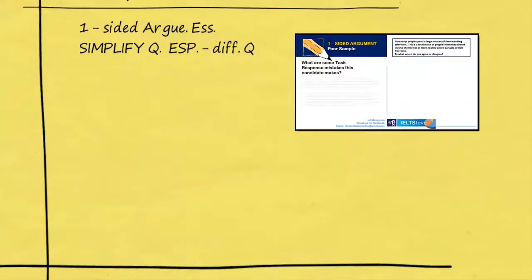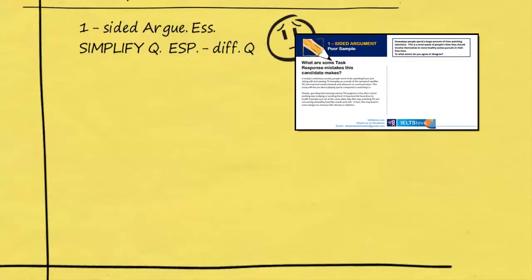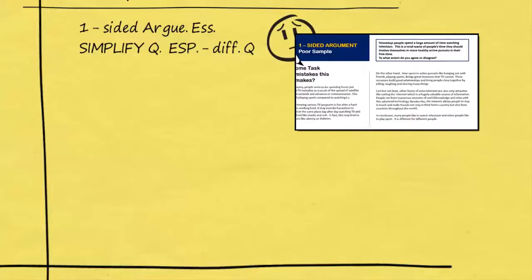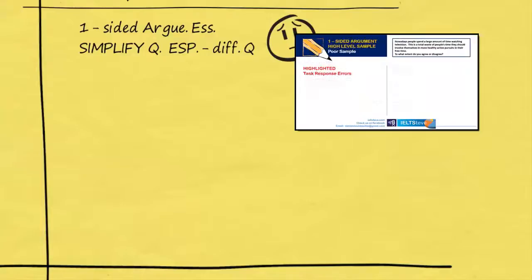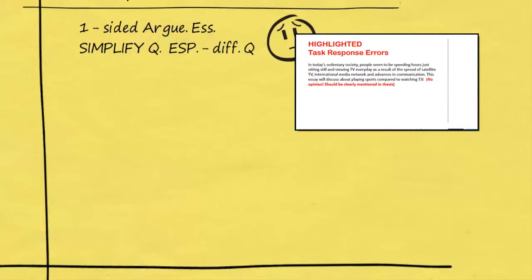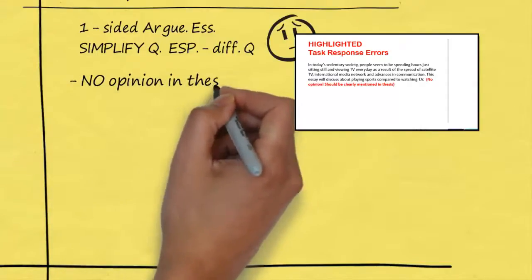So let's look at this essay from a student. We know it's a poor sample, so we're looking for task response mistakes. There is the introduction. Now let's come and highlight some of those mistakes right now. So for a start, there was no opinion. Remember, at the start of today, we've just mentioned that you need a clear opinion. This must be mentioned in the thesis statement at the start.